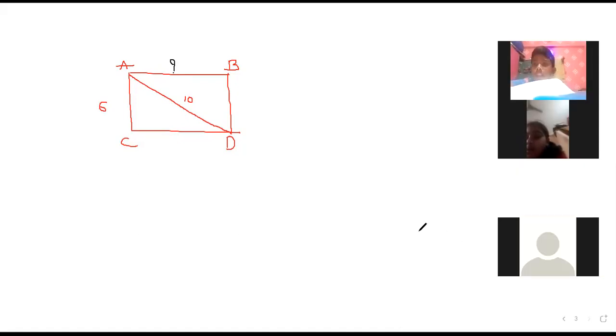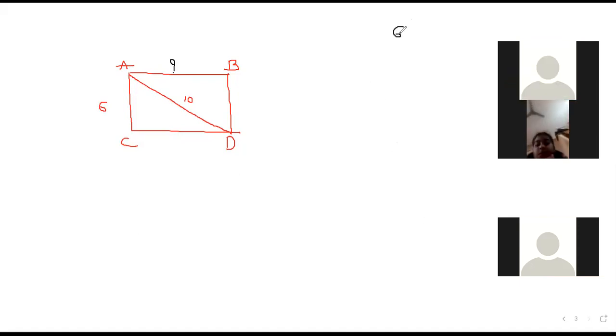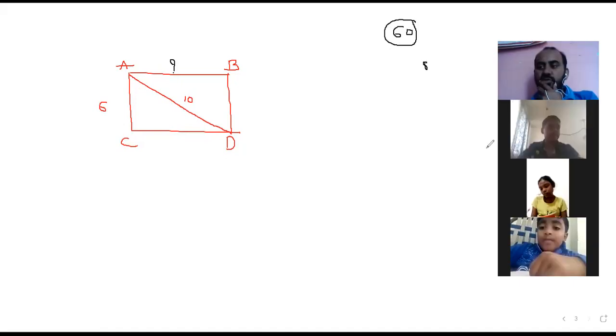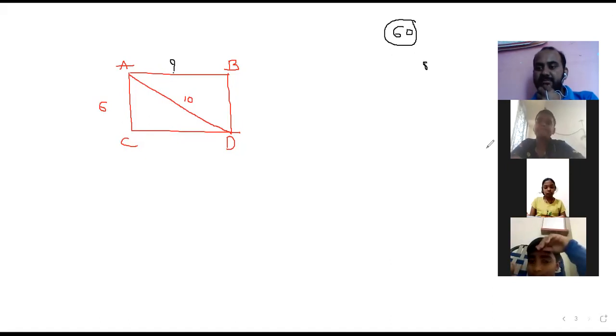I don't think the answer is this big. Sir, 8. Okay, let's see. Sir, 4. No two persons are getting the same answer. If 2 or 3 members get the same answer, then the answer is correct.